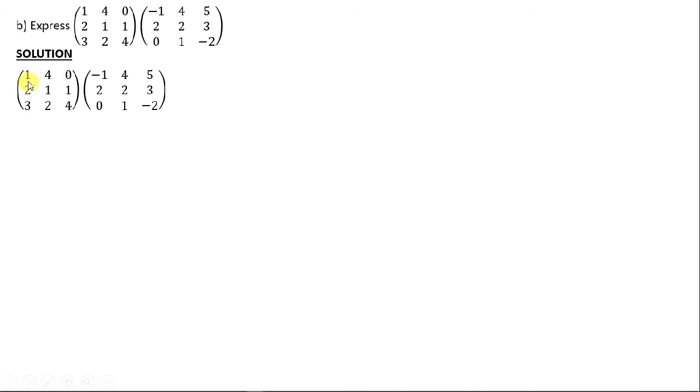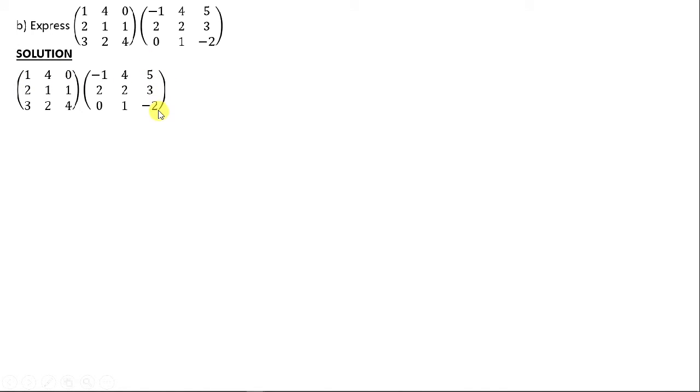Multiply the first entry times the first entry plus the second entry times the second entry plus the third entry times the third entry. When you finish multiplying the first row by the first column, you continue in the same row. You take the first row times the second column, multiply and get the sums, and then you go to the first row times the third column.